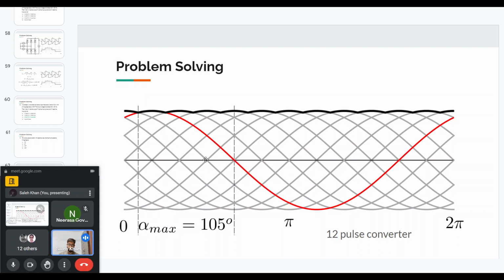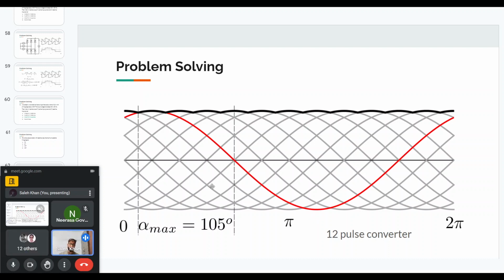Sorry, these are 30-degree portions, since this is a 12 pulse. So these are 30 degrees, another 30 degrees, another 30 degrees. These three become 90 degrees. And then we have half of this portion, which is another 15 degrees. So the total angle is 105 degrees.